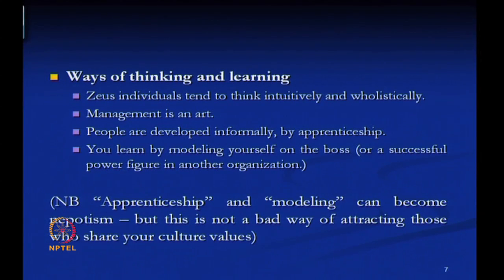Therefore, ways of thinking and learning involve the following. Zeus individuals tend to think intuitively and holistically. They know that management is an art. People are developed informally by apprenticeship. You learn by modeling yourself on the boss or a successful power figure in another organization.